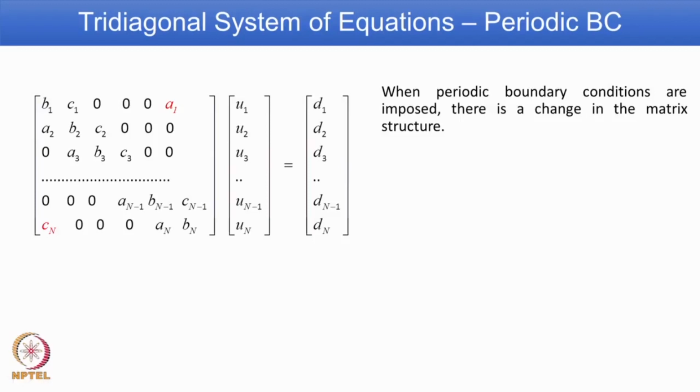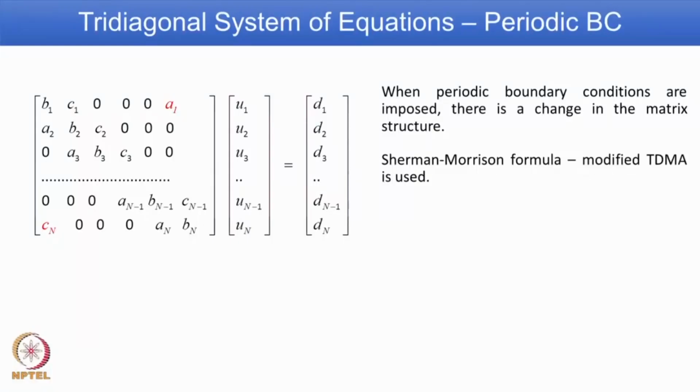The TDMA procedure which was just explained is suitable for other boundary conditions, and it is slightly modified as the Sherman-Morrison formula. We are not going to discuss that here, and we can still use the TDMA procedure we have explained.